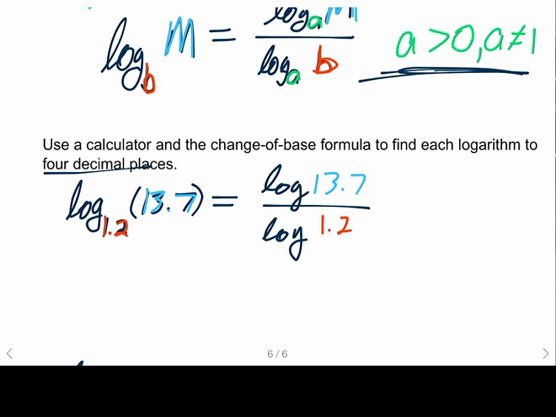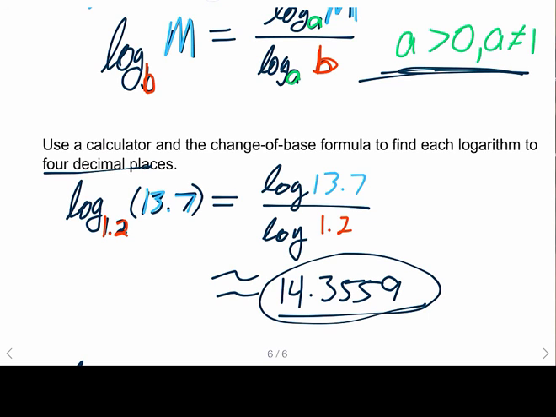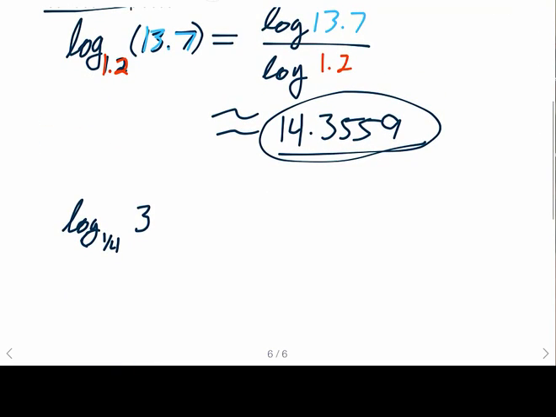I know the bases match because I wrote log both times, and that base is 10. Putting this into the calculator gives me approximately 14.3559. So now you have a way of getting a calculator answer for something with a, we'll call it a non-standard base.